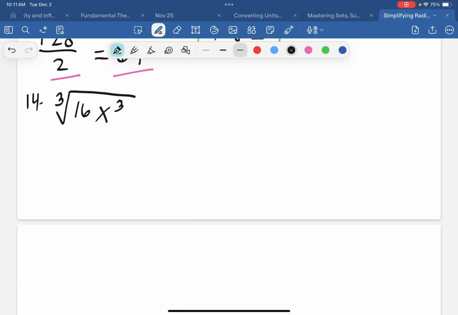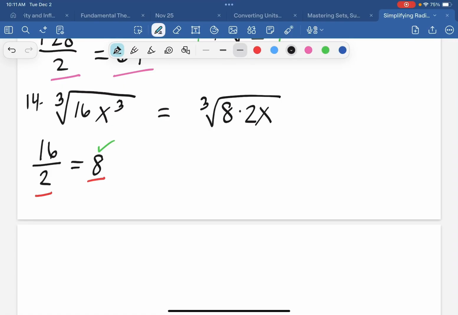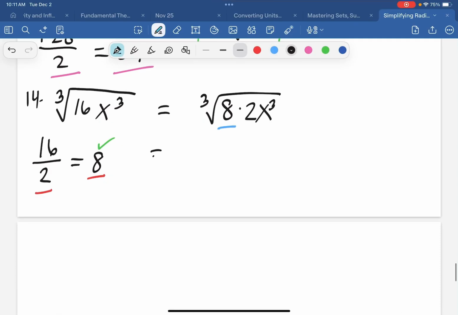Now based on this one, let's try 16. 16 is not a perfect cube, so let's try to divide this by 2. 16 divided by 2 is 8, in which 8 is a perfect cube, so we could use this one. So cube root of 8 times 2, then copy x cubed. Again, cube root of 8 is 2, so we can extract it outside. 2, then this 2 here remains inside.